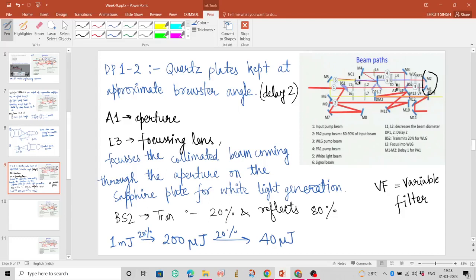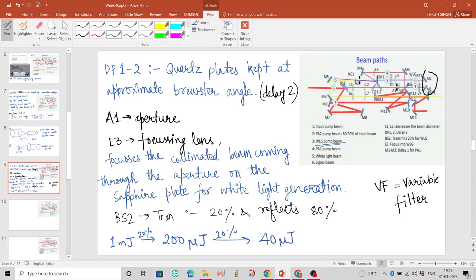Now the third part of the beam, which is mentioned as 3 here, is the pump beam for the white light generation. That's why it is written WLG pump beam, white light generating pump beam. This pump beam hits mirrors M1, M2, which are kept on a retroreflector for the delay, and then it hits WLG RP1.